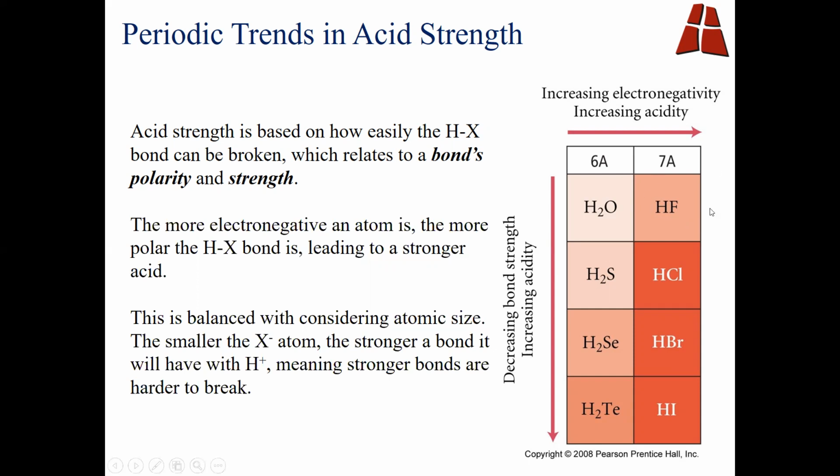And so with HF, because it is the smallest of our halogens, it actually has a pretty strong bond with H+, despite it also being a very electronegative bond. Okay, so that's just why HF is a weak acid as opposed to HCl, HBr, HI being more acidic.